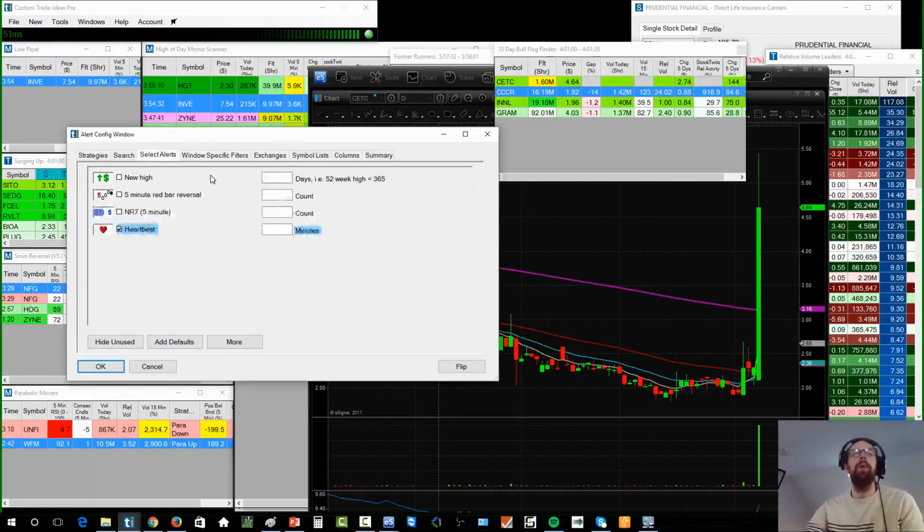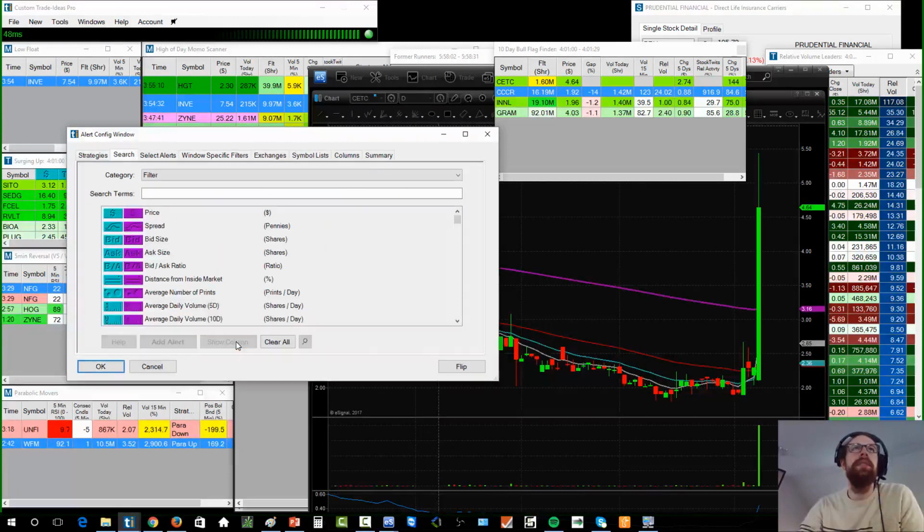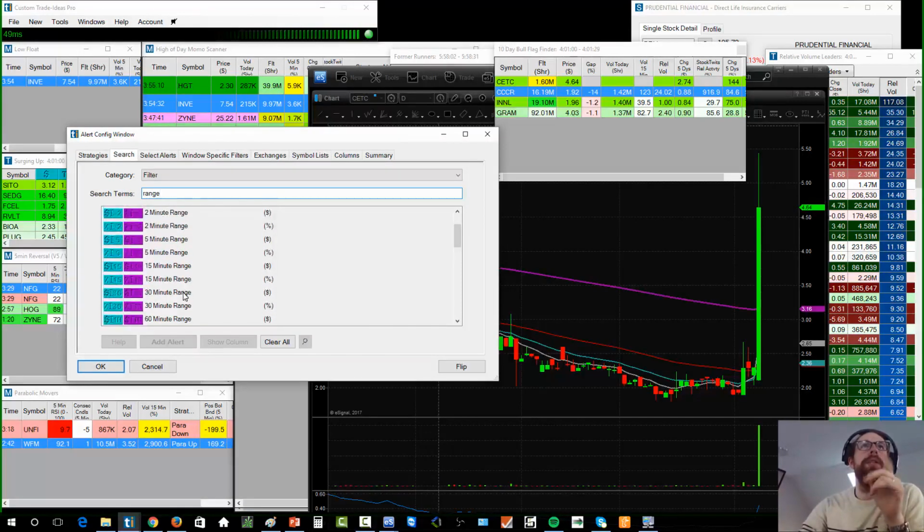And then what do 5 minute flat tops have in common? They have a period of consolidation below the high. So let's see if I can do range. This will be an interesting one. We're going to do 2 ranges.